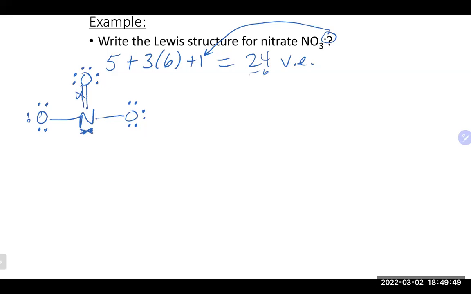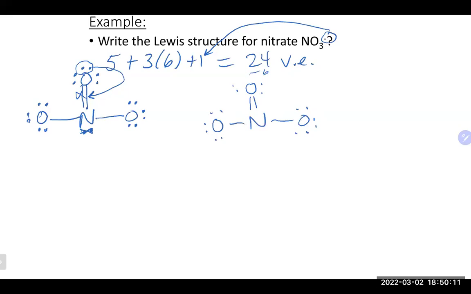So what we want to do in a situation like this is we're actually going to take a pair of electrons and bring them in to do the double bond. And if we do that, we will end up with a double bond up on top. And those guys will still remain single bonded over here.